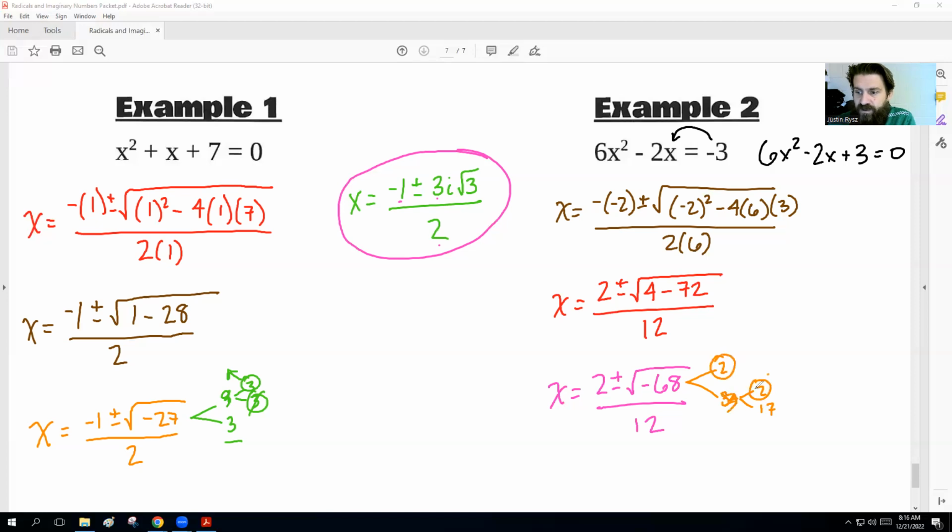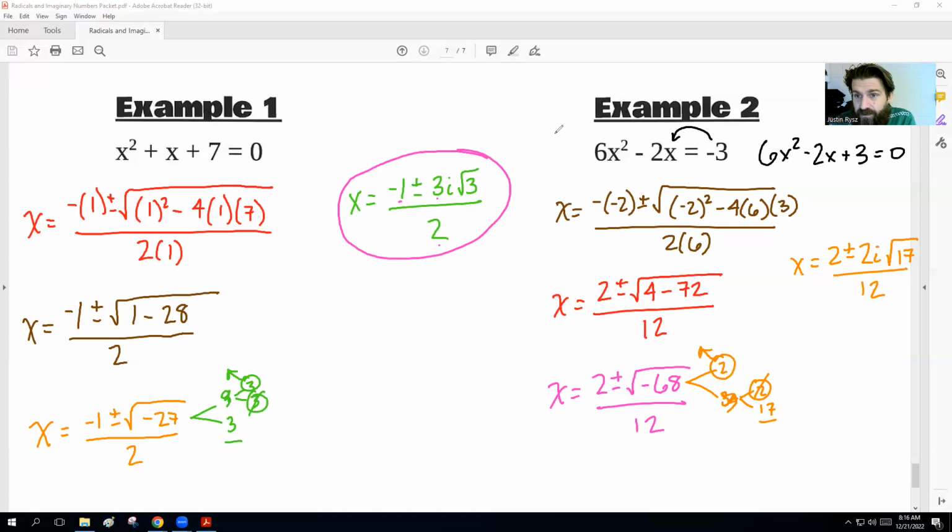So we got a pair of 2s, so a 2 goes outside, and that 17 stays inside. So we would get x equals 2 plus or minus, the 2 goes outside, we also make it an i because it's imaginary, radical 17 over 12.